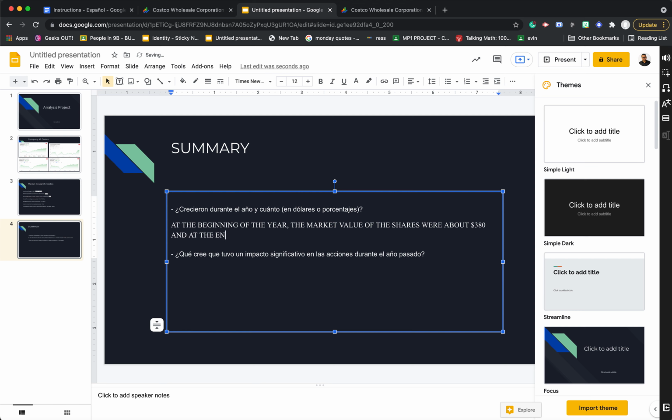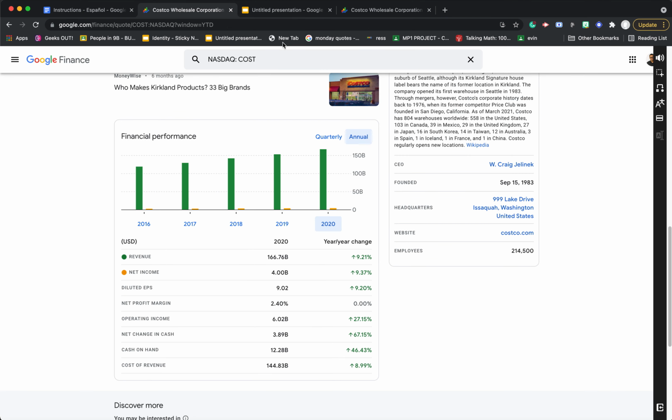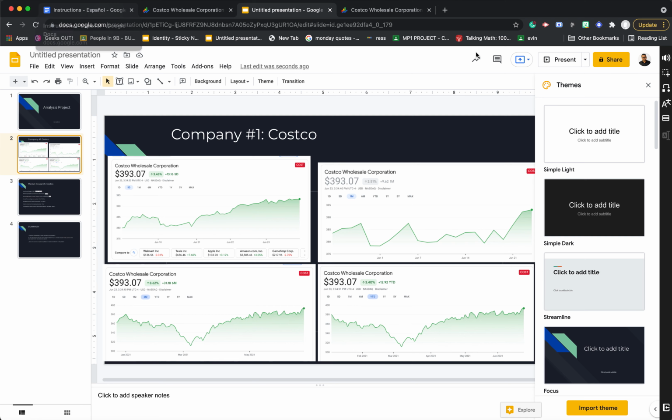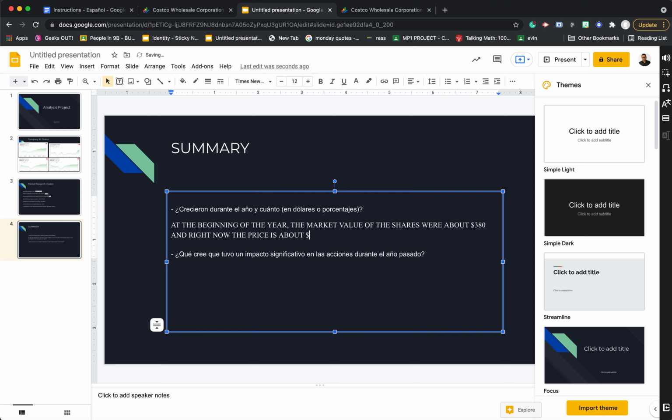And at the end of the year, or the current, right now, the price is about $393. And you could also throw in any observations you noticed about the prices.